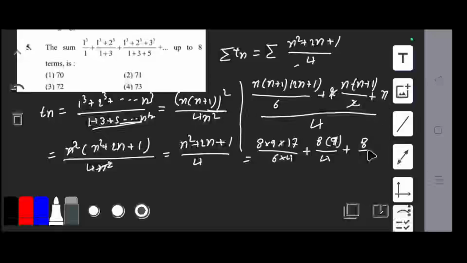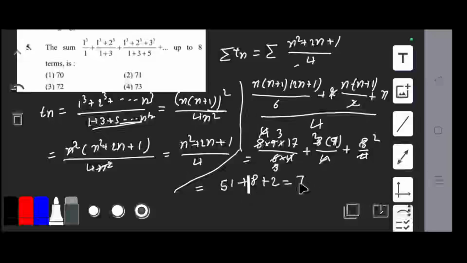N means 8 by 4, that is 2. 4 into 3 is 12, 4 into 4 cancelled. 3 into 3 is 51, then 18 plus 2. Tn is equal to 71. The answer is 71.